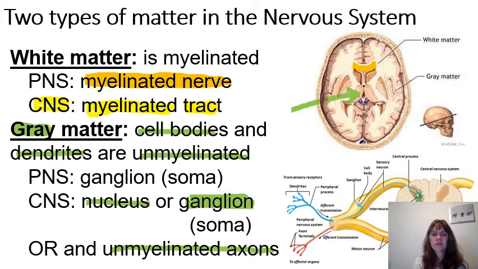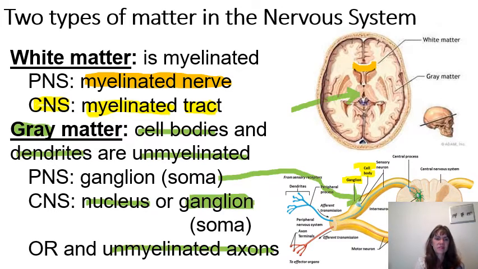In the peripheral nervous system, we have collections of the soma or cell bodies of unipolar neurons or pseudo-unipolar neurons. And this little cell body right here makes up a structure in the peripheral nervous system called a ganglion.